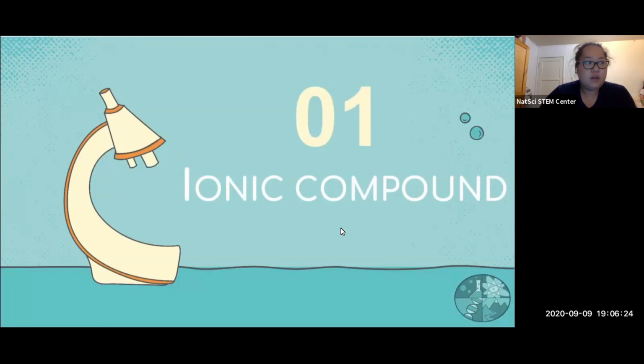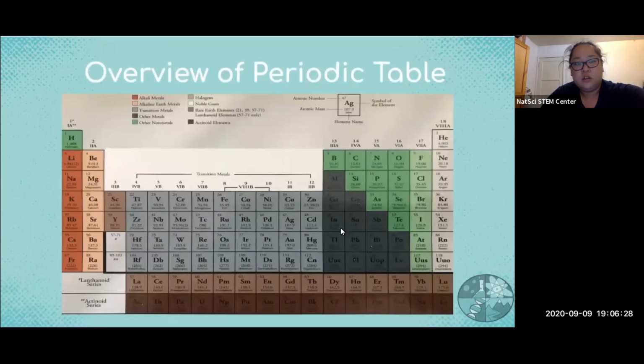So the first thing we'll be going through is our ionic compounds. So ionic compounds are the metals. So here you can see the periodic table. If possible and you have a periodic table on hand, please pull it out.